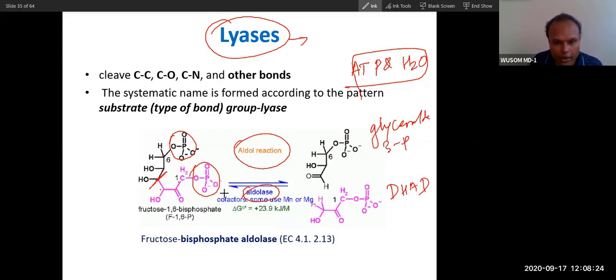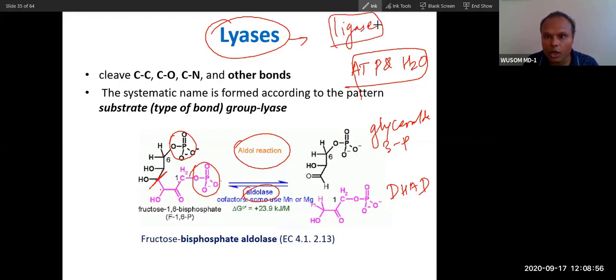Now in this breaking down, can you see anywhere utilization of ATP or water? No, it does not utilize ATP or water. And this reaction is a reversible reaction. If you see the opposite reaction, you will see joining of bond, and then you will be confused that it may be a ligase.